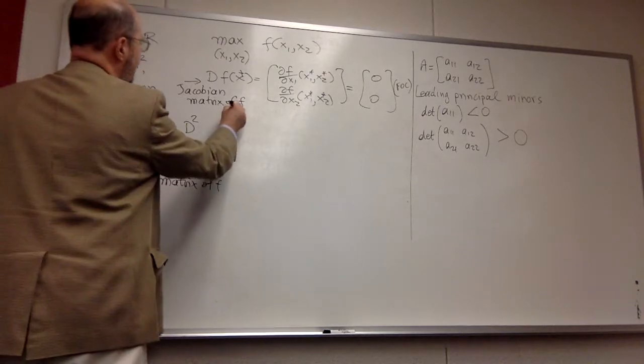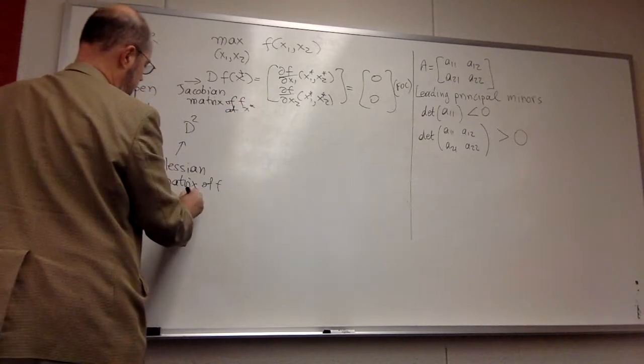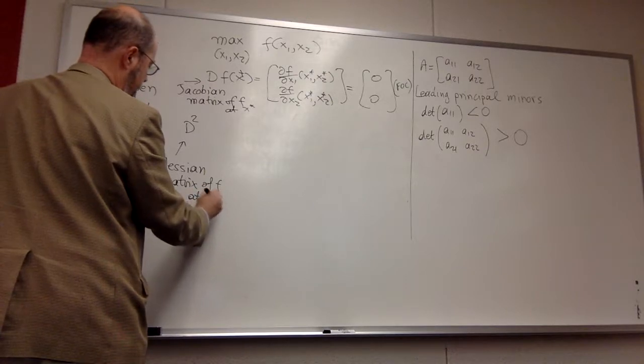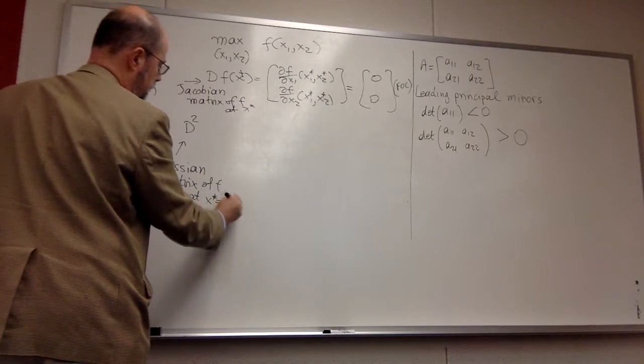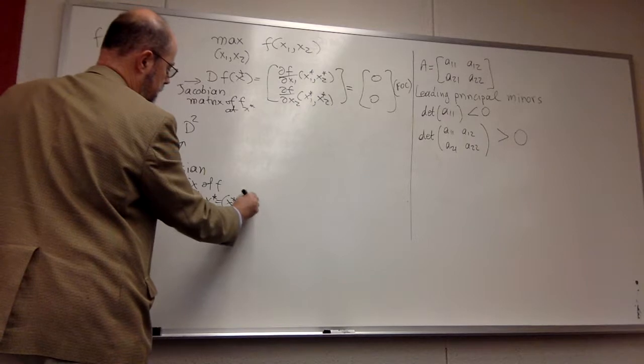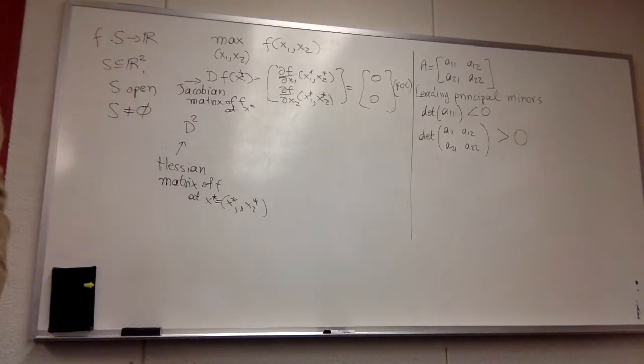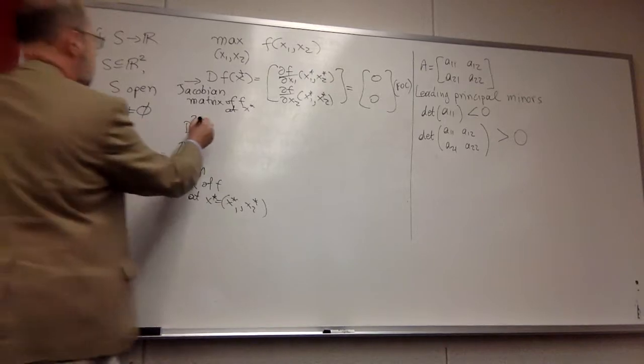Oh, both of them at x star. By x star, of course, I mean the entire vector with coordinates x1 star and x2 star. Okay? So what is this then?